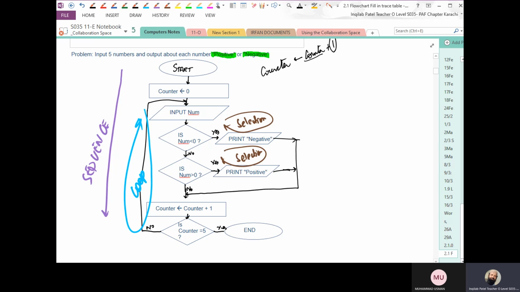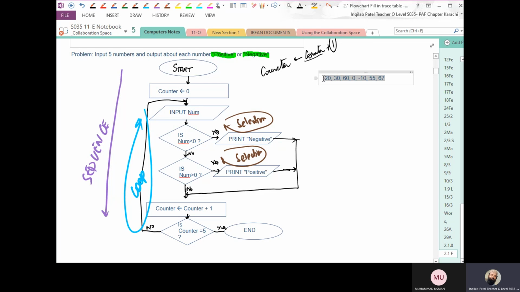Now, suppose we have these values. We have values like minus 20, right?